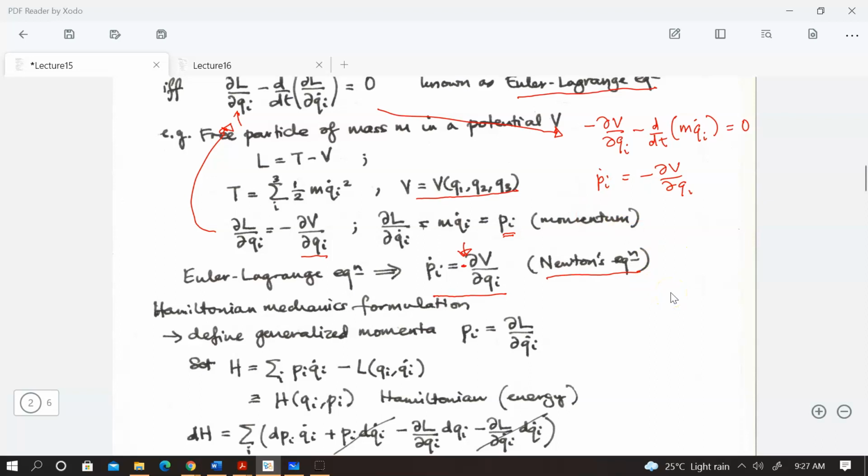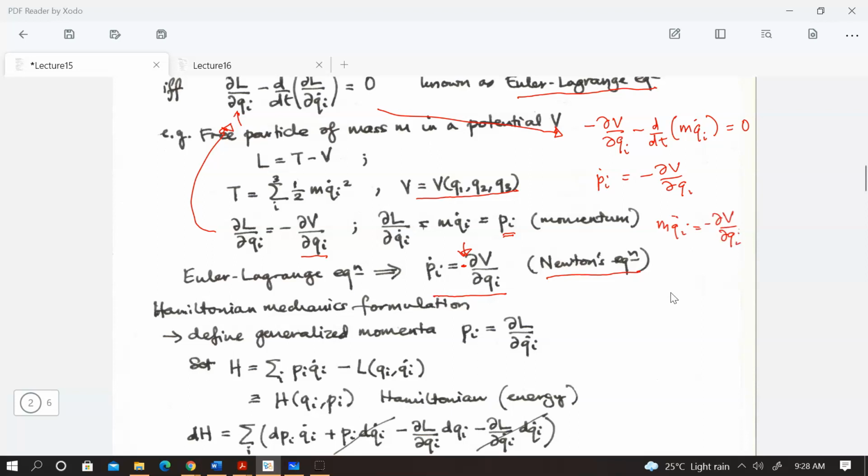Right. So now you have probably seen this in the context of Lagrangian mechanics. In Lagrangian mechanics, you would probably not write it this way. You will probably write it in terms of m q double dot_i equals minus dV dq.